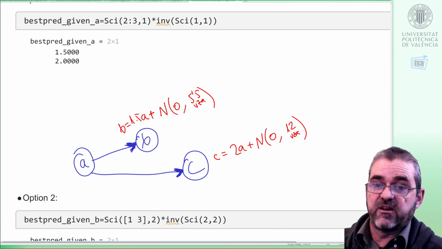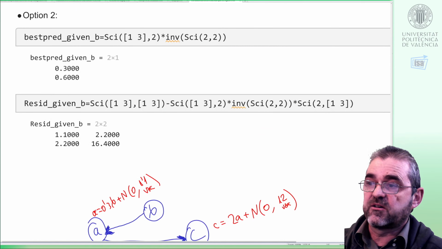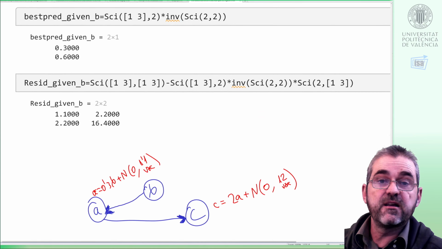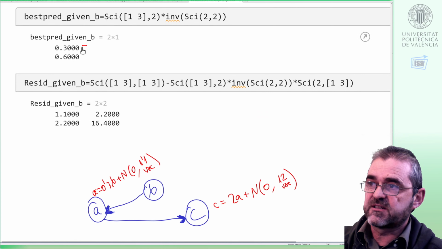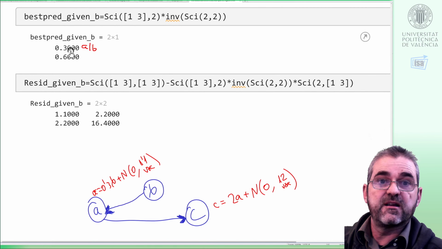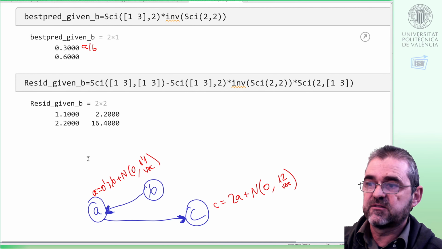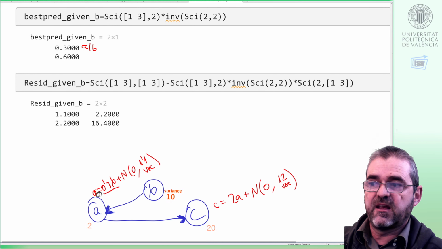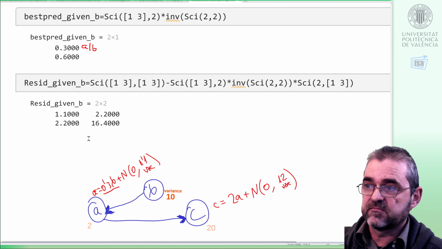So if I now consider a second modeling option like here, then we will compute the best prediction of a given b, and for instance a given b has a coefficient of 0.3, so I can say that a is 0.3b plus some stuff of unknown things that b cannot predict about a.